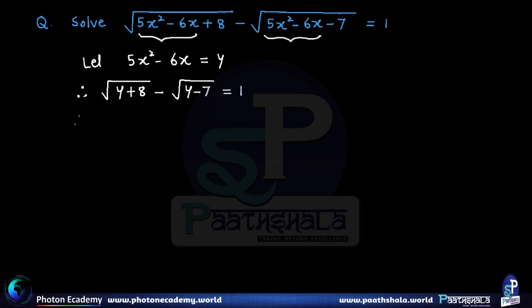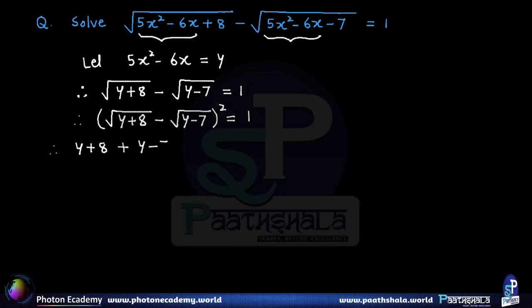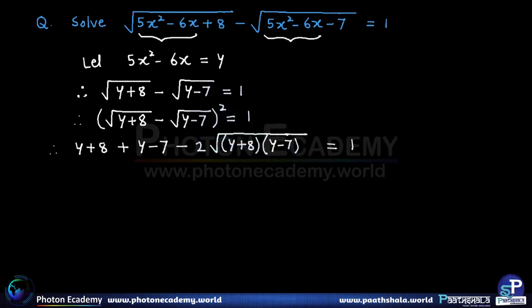On squaring, we get root of y plus 8 minus root of y minus 7, the whole square, equal to 1. The first square is y plus 8, then the square of the next term is y minus 7, and the middle term is 2 times the product of the two terms, y plus 8 and y minus 7. This is equal to 1.